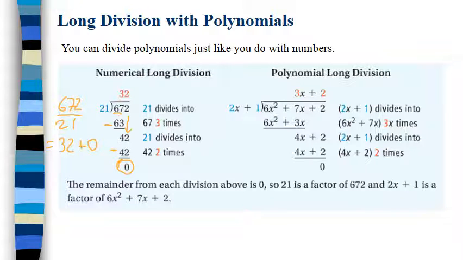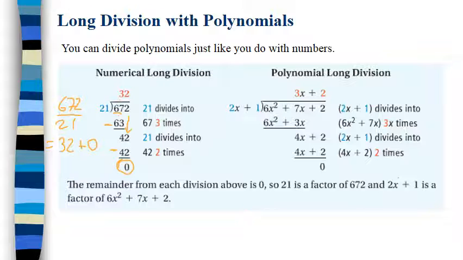We can do exactly the same thing with polynomial long division. So I'm going to pause here. I want you to look at this problem right here and try to work through each of the steps. We are going to do a live example in just a moment.